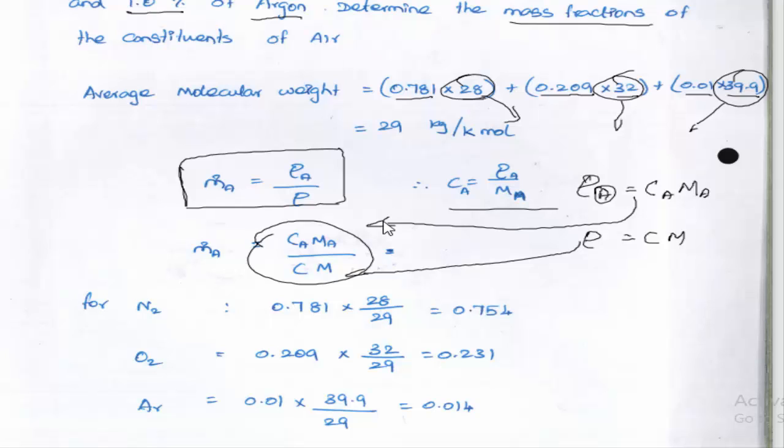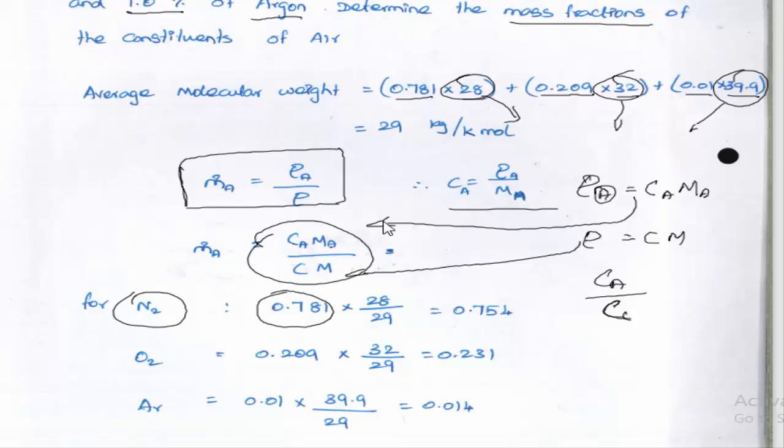Right. So now I am going to find out the mass fraction for the different components. First, nitrogen. For nitrogen, C_A divided by C, the molar concentration divided by the total molar concentration, is 0.781, and the molecular weight of the component M_A is 28.